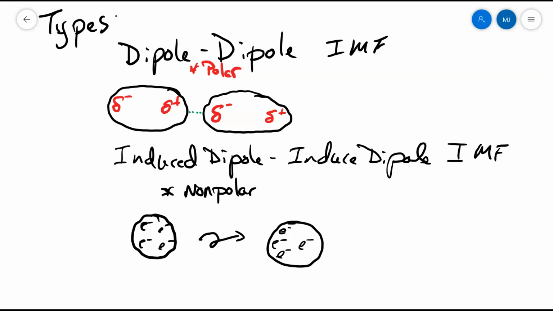In this instant, in this snapshot, there would be a weak negative charge on one side of the molecule and a weak positive charge on the other end. We would have created a dipole very, very temporarily and usually a bit weaker.